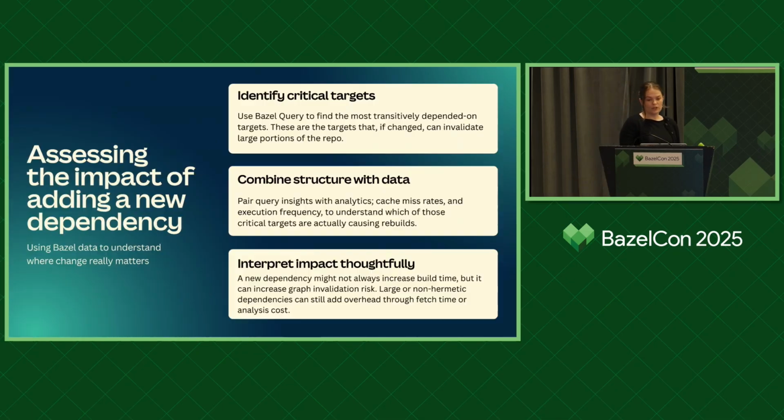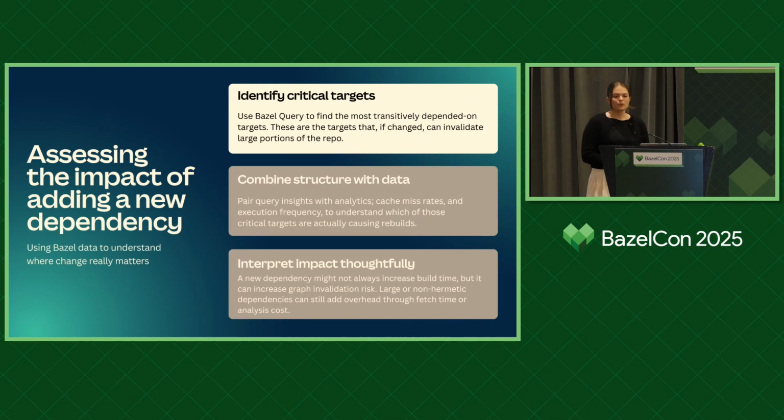Moving on to another use case in optimizing builds, we can talk about adding a new dependency. And for this, often the real question isn't how long it takes to build, but how far the impact spreads. So, to assess the impact of dependencies in the build graph, we advise you first use a Bazel query to find your most depended-on targets.